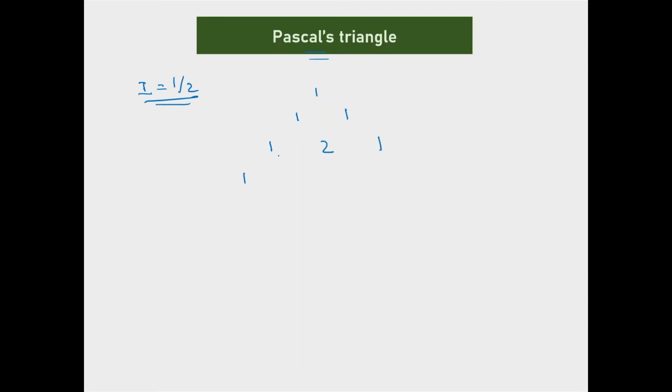Next, 1, the addition of 1 plus 2, 3, the addition of 2 plus 1, 3, and 1. Then 1, the addition of 1 plus 3 is 4, the addition of 3 plus 3, 6, the addition of 3 plus 1, 4 again, and 1.